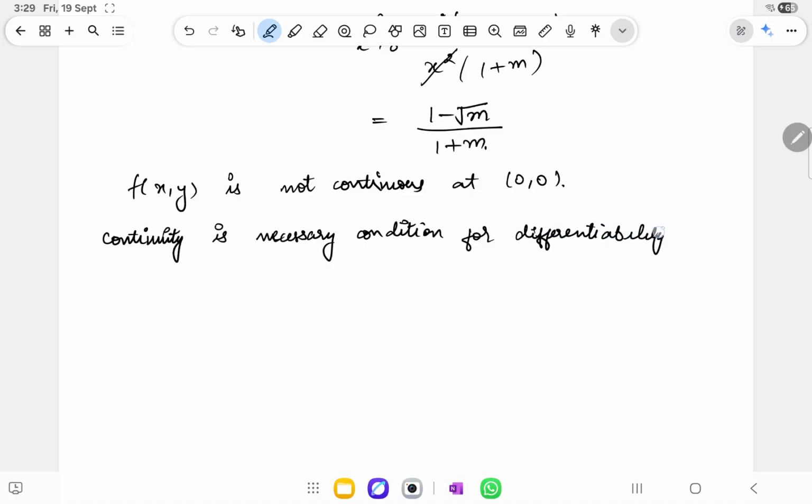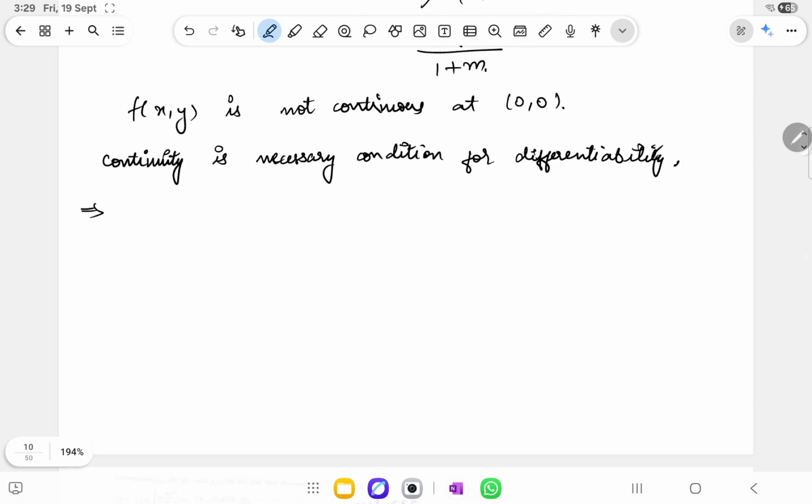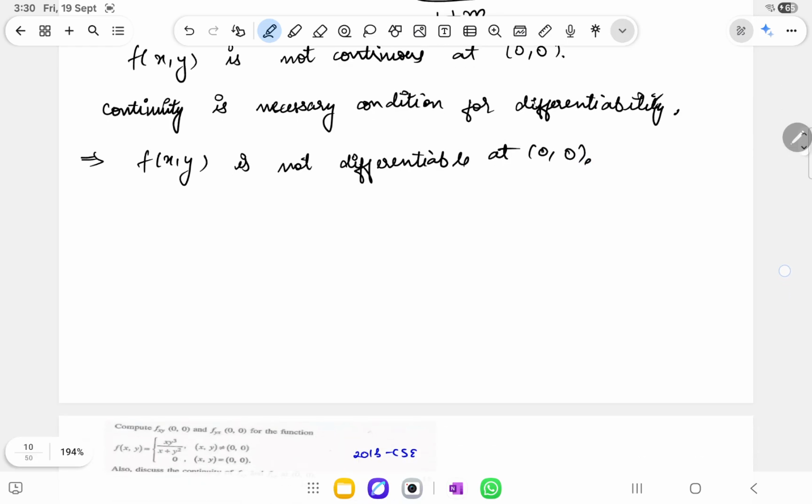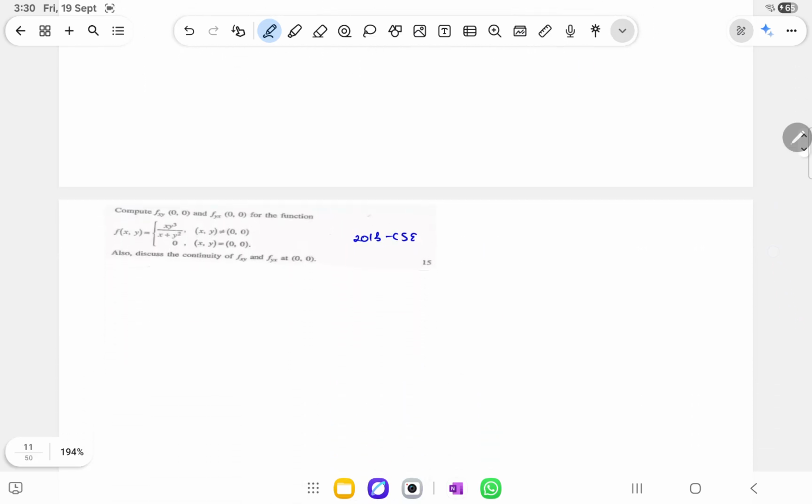So since it is not continuous and continuity is a necessary condition for differentiability, from here we can conclude that f(x, y) is not differentiable at 0 comma 0. So now let us move on to the next question.